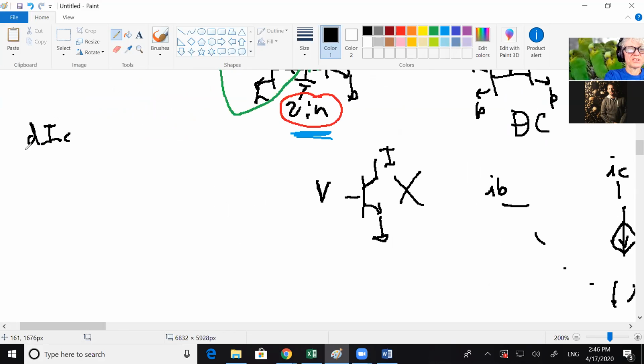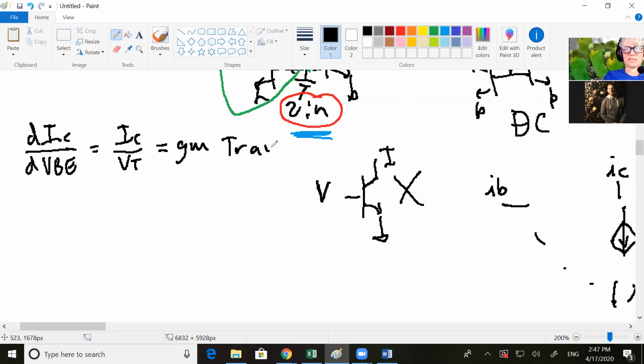We looked at the change in IC with respect to VBE. And for that was IC over VT. You did that derivative in groups. And this is used so often, I gave it a special name. And that's called transconductance.